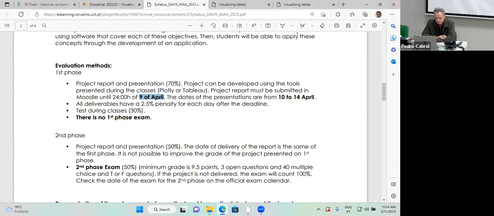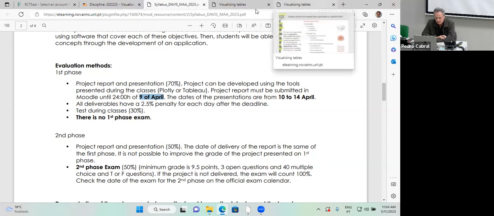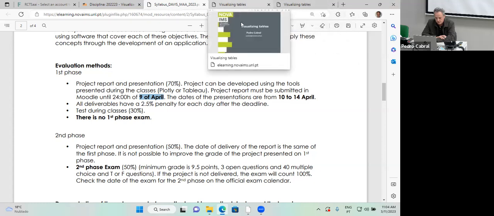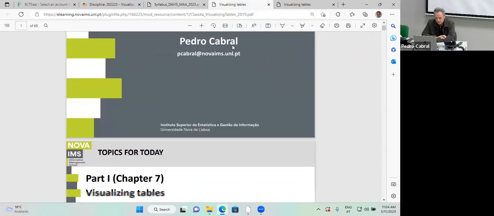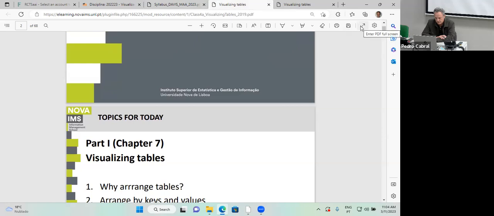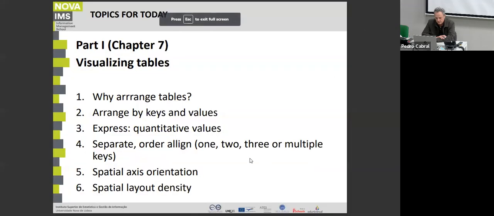So, continuing with this class. Okay, so today I'm going to cover visualizing tables, which is chapter 7. Okay, so let's go. So these are the contents of that chapter. Please take a look at the book from Tamara Munzner, which is the author of the reference book for this course. Okay, as I mentioned, this course uses that book, which is a very well-known reference book in data visualization field.